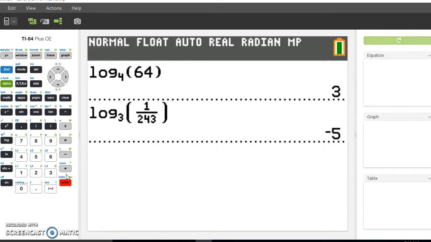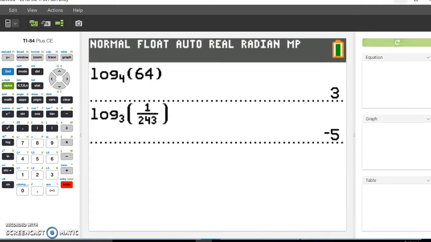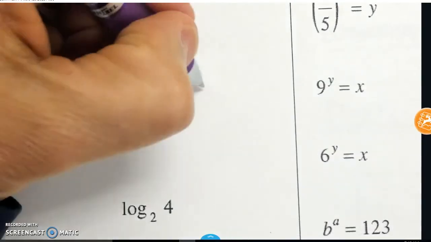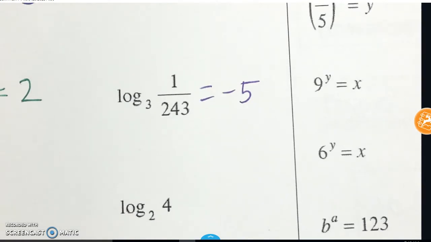So notice 3 to a negative power, or negative exponent, is going to get you a small decimal number like 1/243. So that's -5. Let's go back to where we were. There. Equals -5. I'm going to let you play around with those in your calculator. You can probably figure that out.